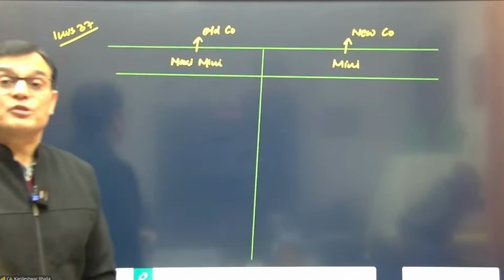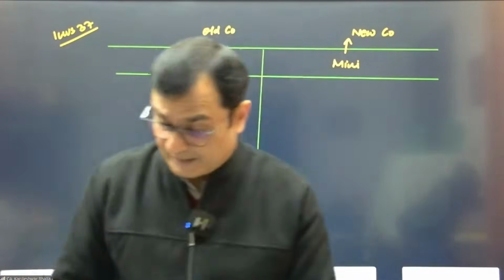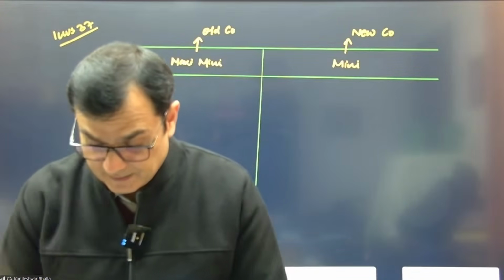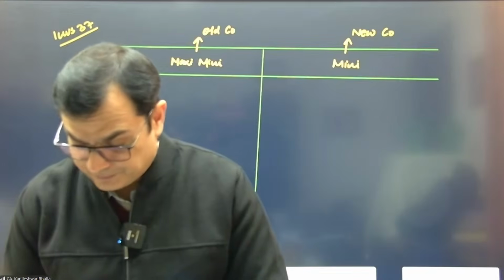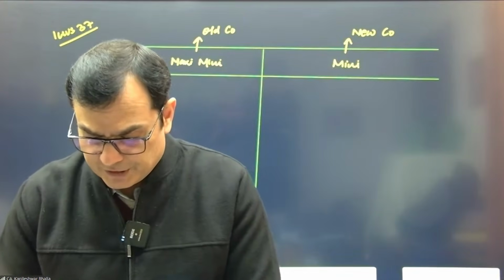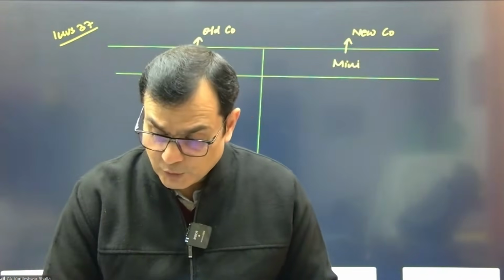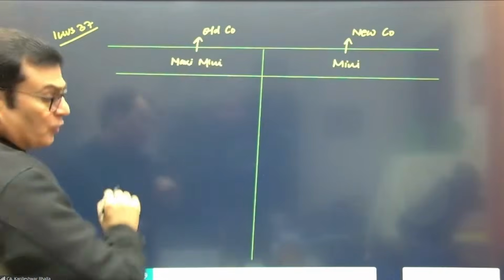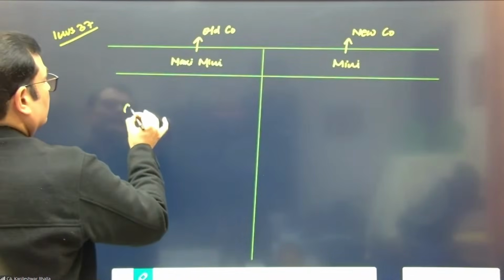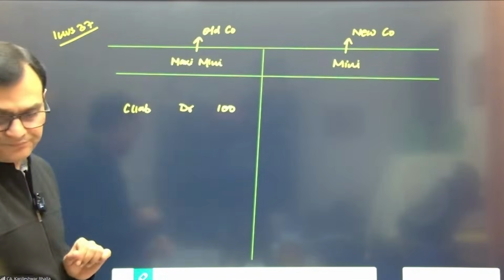So the objective in the books of old company is to close the assets and liabilities. That's it. So I think you can open the illustration 37 in front of you, and I'll just pick up the information from the question. So in this particular case, if I look at the balance sheet of Mini division, because they are closing down, so I will first of all close the liability. So on the liabilities, I am given current liabilities, debit the current liabilities to the extent of book value.